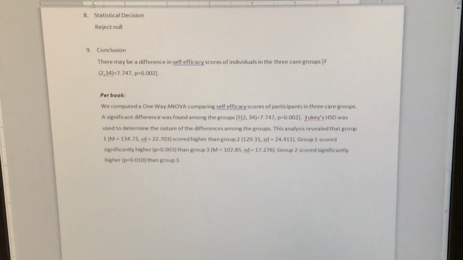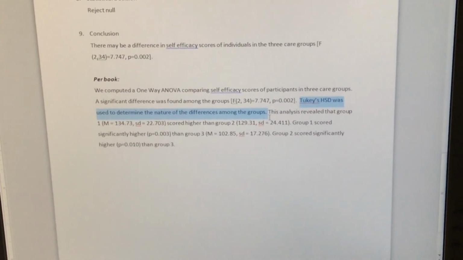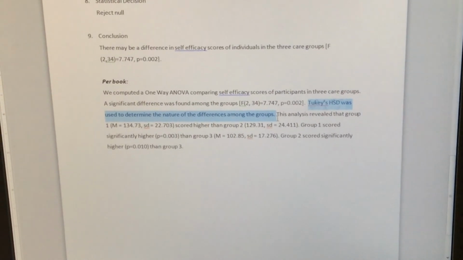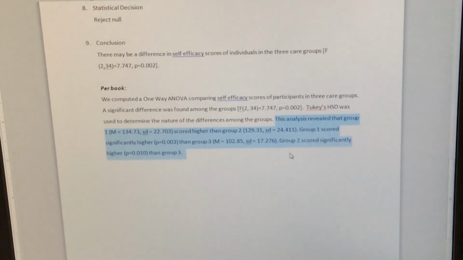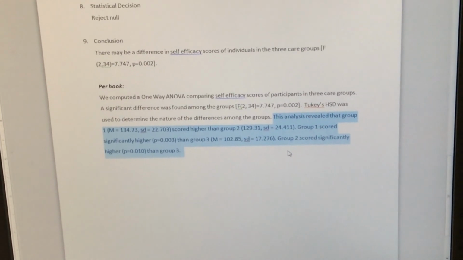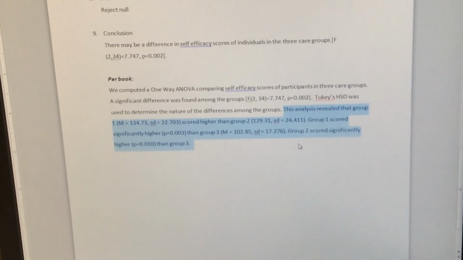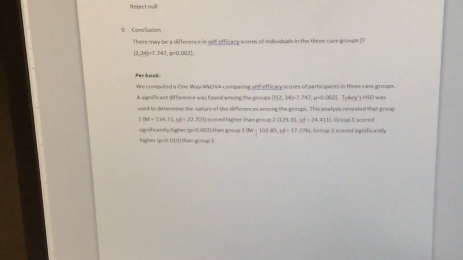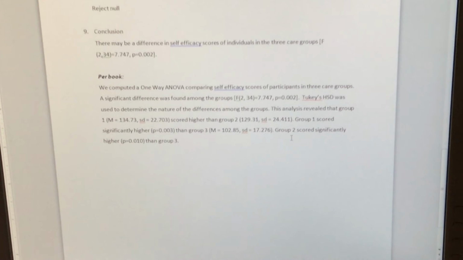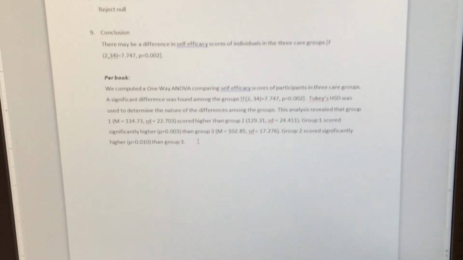The Tukey's HSD helps us to know where those differences are. And so then we explain what we found from that Tukey's HSD, that groups 1 and 2, although 1 was higher than 2, it was not significant. However, groups 1 and 3 and groups 2 and 3 were significantly different.